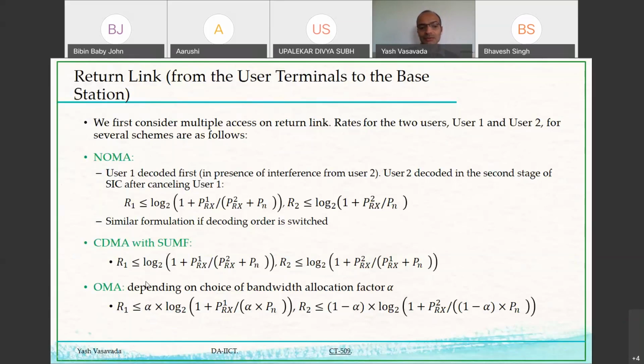And so you have to live with the full effect of alpha and 1 minus alpha. And so maybe that is the reason why OMA, as we will see, will underperform NOMA.